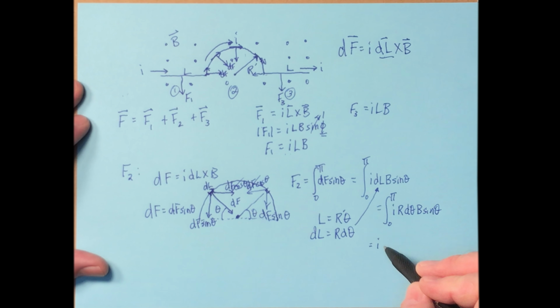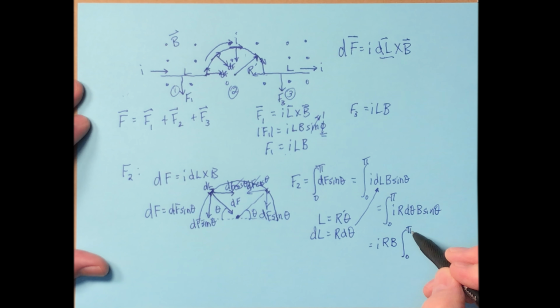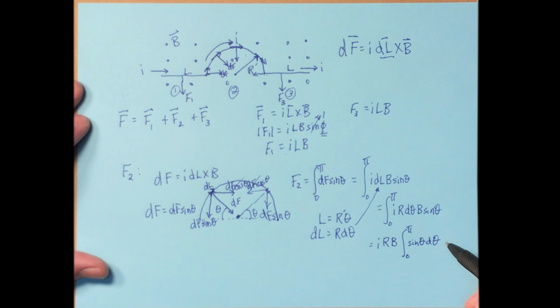For example, I is a constant, R is a constant, B is a constant, and we're left with the integral from 0 to pi of sine of theta d theta, which is probably one that you can do. When you do that, you're going to end up with 2IBR there. Now, that is F2.